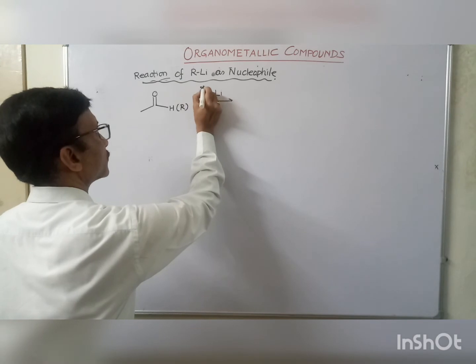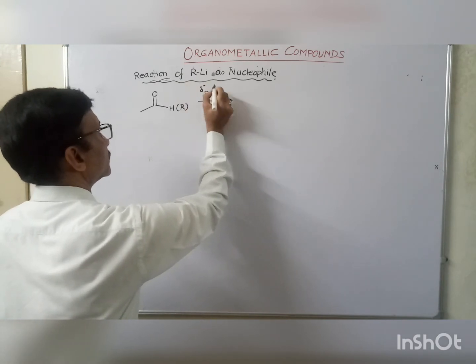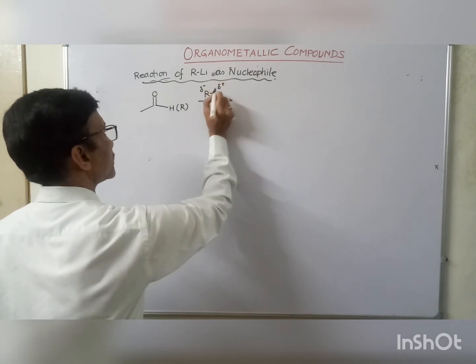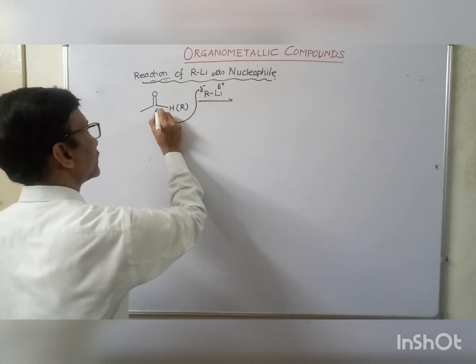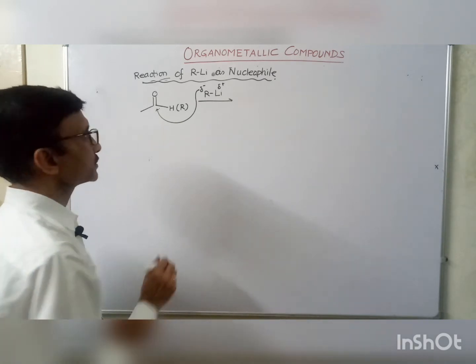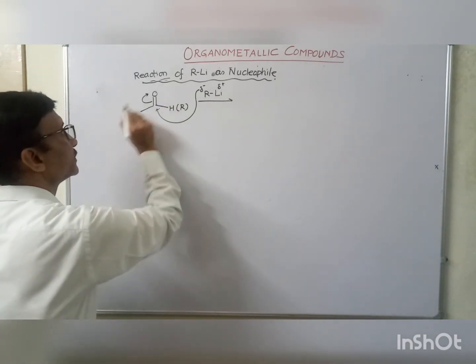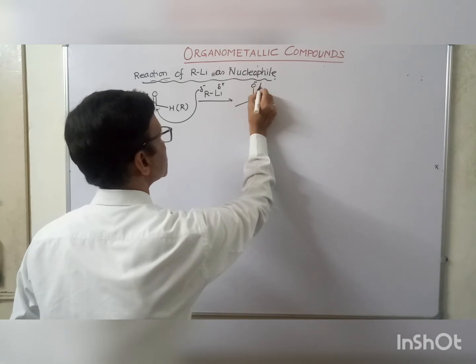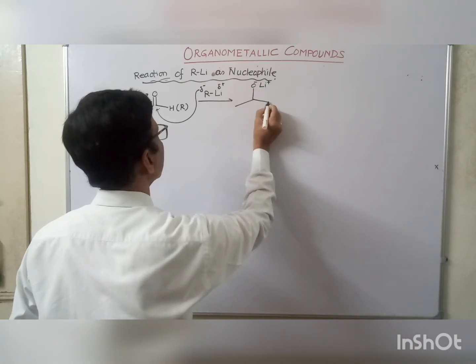This has a delta negative charge, and this has a delta positive charge. It will make a nucleophilic attack over this electrophilic center, the pi bond will break, and it becomes O minus Li plus.